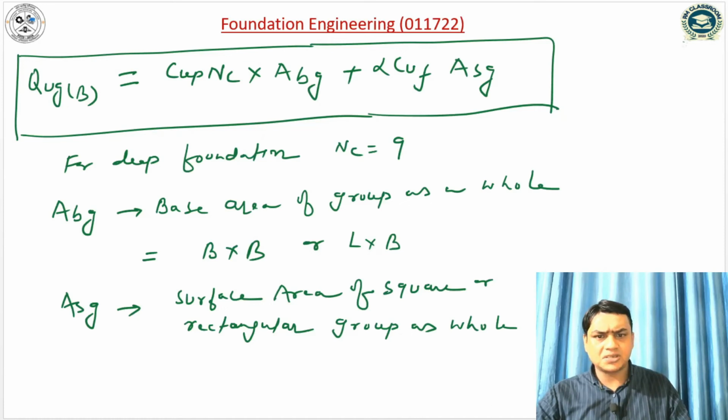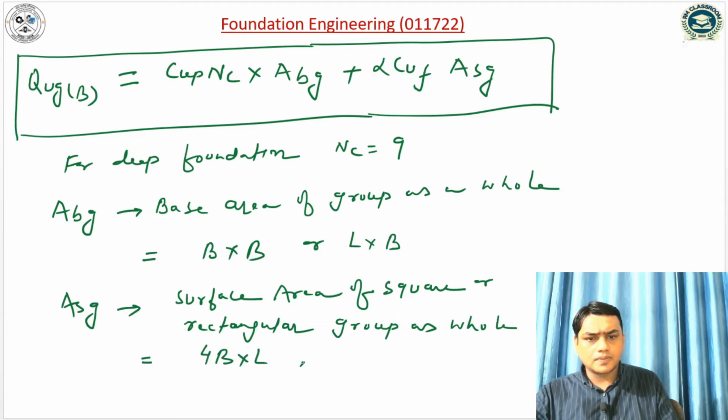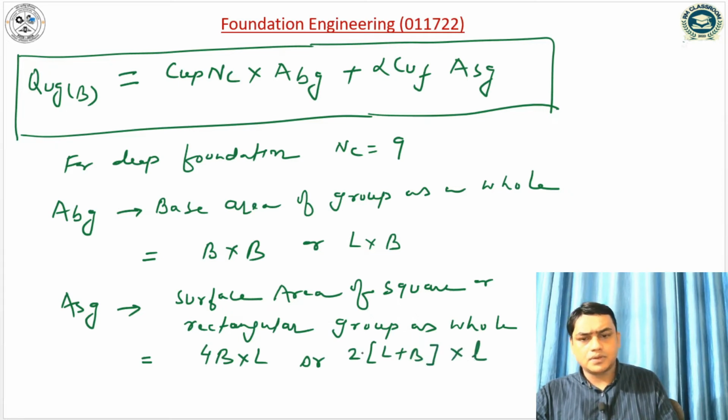ASG is the surface area of a square or rectangular group as a whole. So the surface area for a square pattern will be the perimeter 4B into the length of the pile, or if it is rectangular, the perimeter is 2 into L plus B, into the length of the pile.